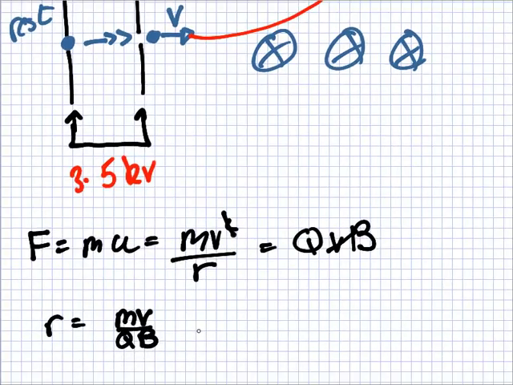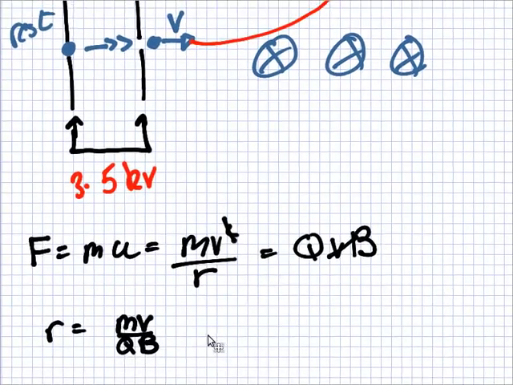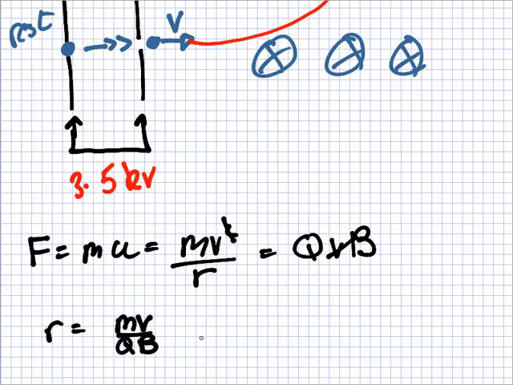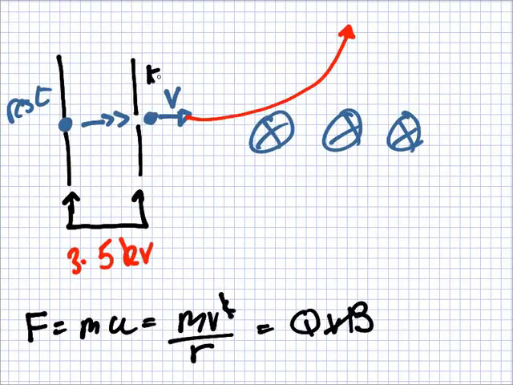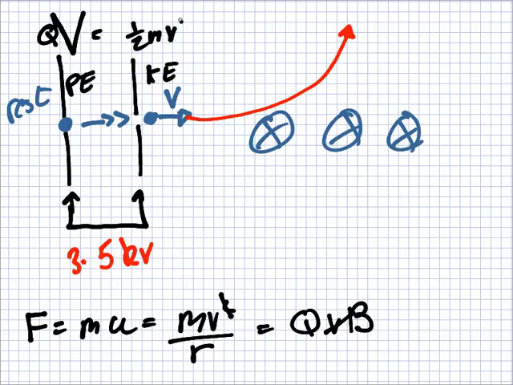Teacher, you just told me that it is the voltage. No, I didn't. I said velocity. Oh, okay, sorry. Continuing. Now, the problem here is we don't actually know the v. However, we know that the kinetic energy here is equal to the potential energy here, which means Q voltage V equals a half m velocity squared.